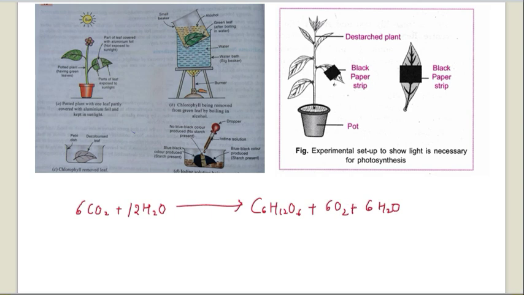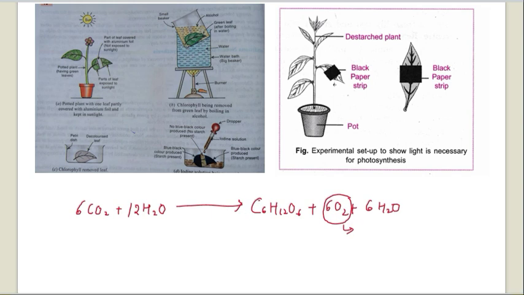This is the process responsible for evolving the oxygen in the atmosphere which we breathe in for respiration, and not only us, all the aerobic organisms. So oxygen is the byproduct of photosynthesis. That is another story.